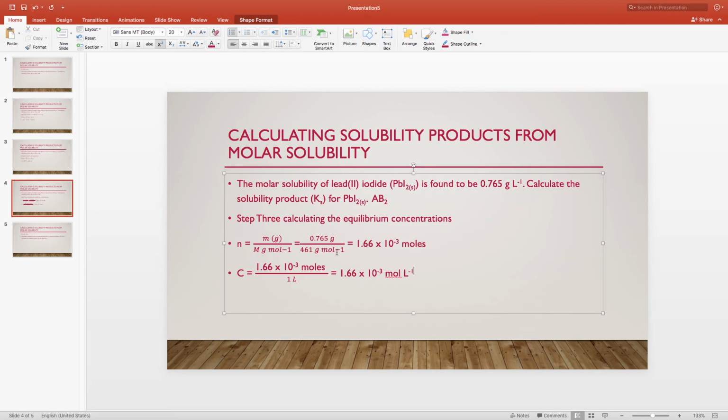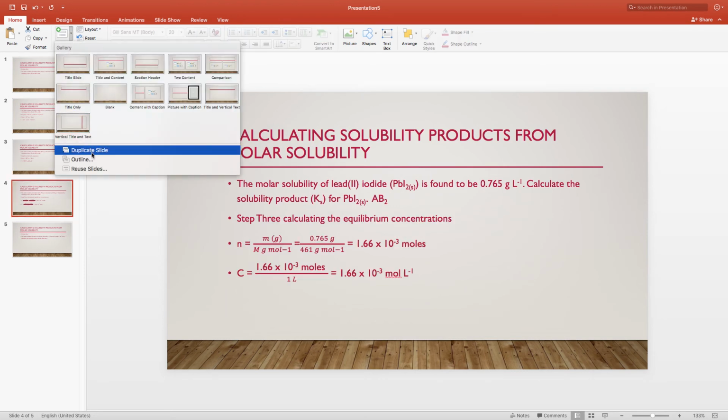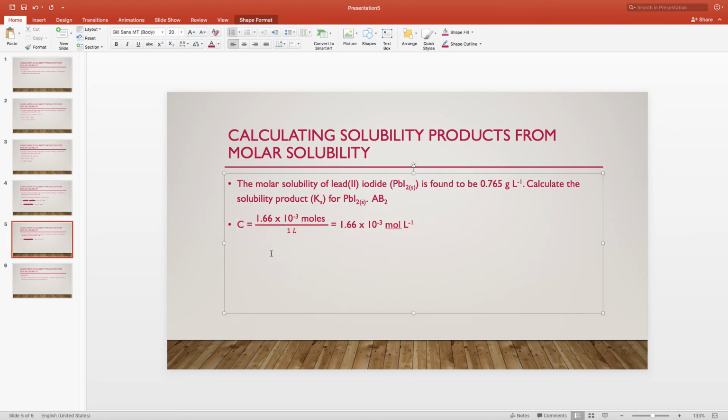Once we've got that calculated, we can now substitute into our equilibrium expression the values to calculate the Ks. So we know what the concentration is.